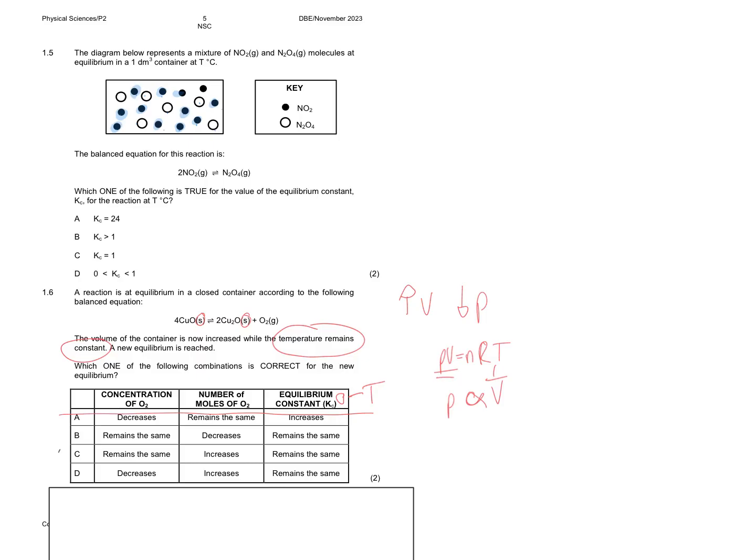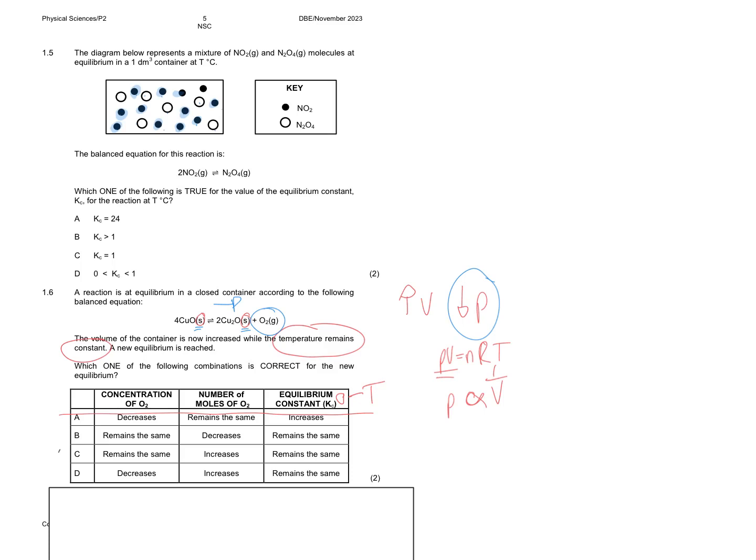And if you've done Le Chatelier's principle at all, if you make the pressure smaller, the reaction will want to increase the pressure again to cancel out the change that you made. And in order to increase the pressure, I need to make more gas. This is a solid and this is a solid, so those two will not affect the pressure, but O2 will.